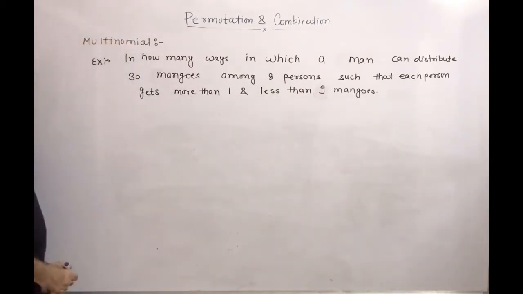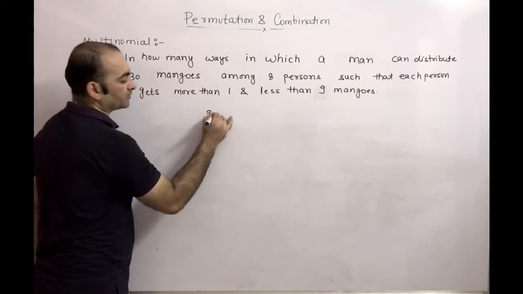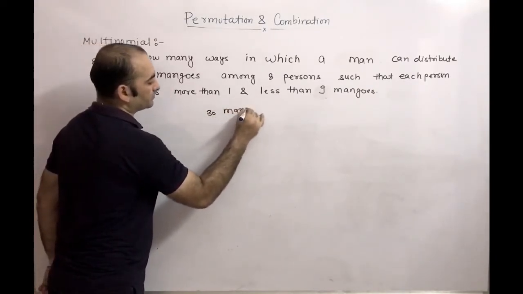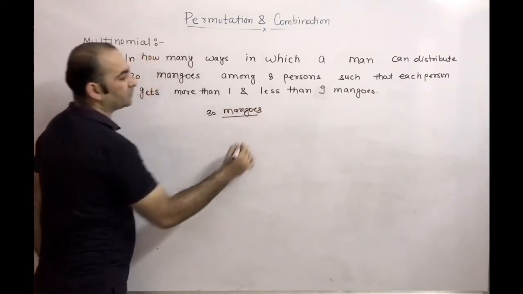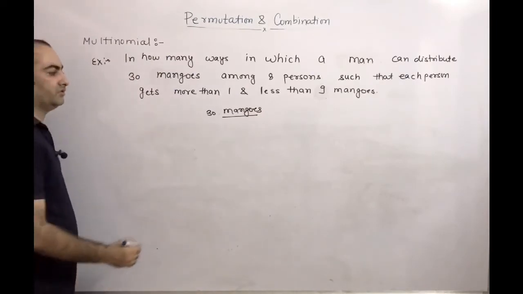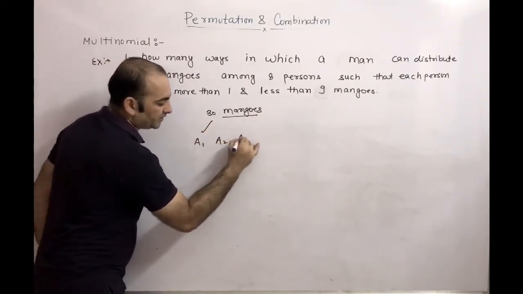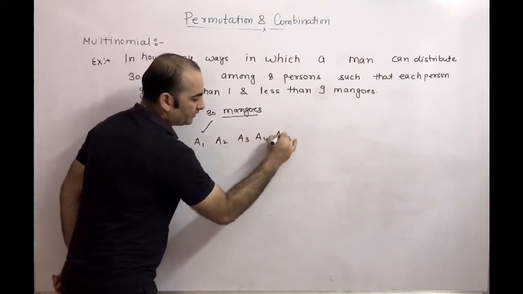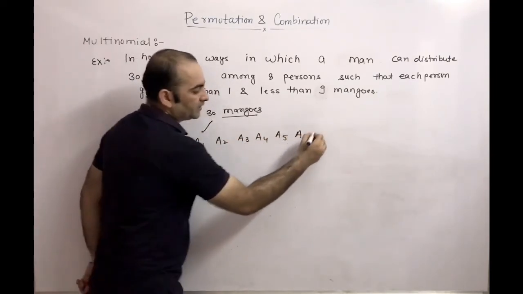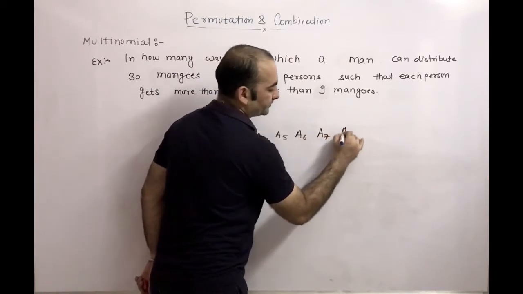Okay, so here given is what? We have 30 mangoes. These 30 mangoes we have to distribute among 8 persons. So we are taking 8 persons, A1, A2, A3, A4, A5, A6, A7, A8.